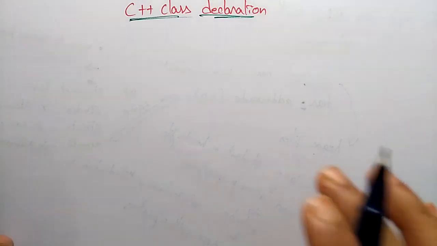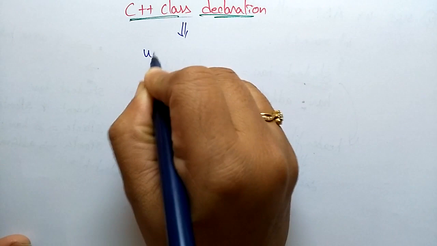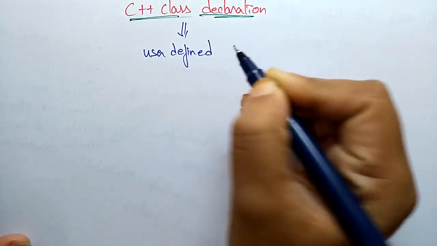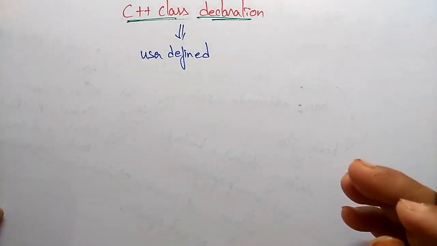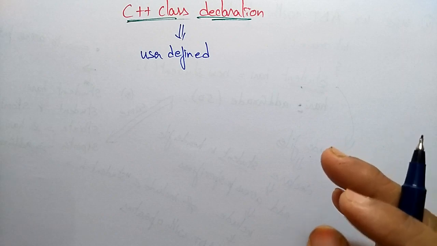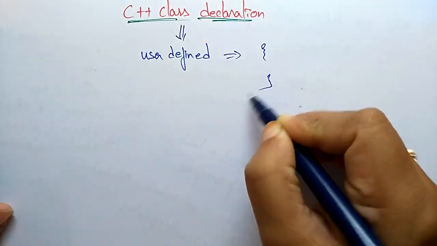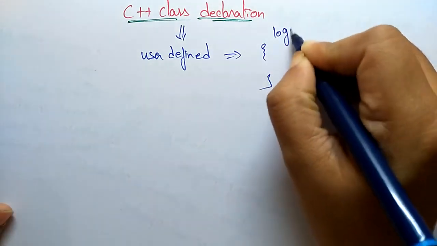So actually a class is a user defined structure. We said it is user defined because you are giving a name to a particular class. It is a logical method to organize data and functions in the same structure. First of all, it is a logical method.